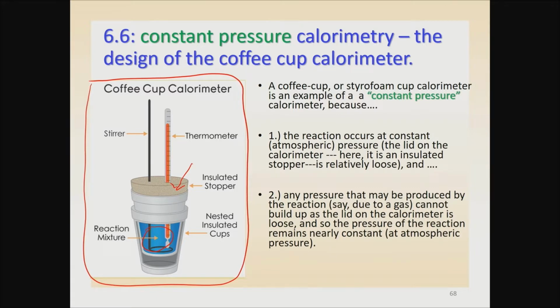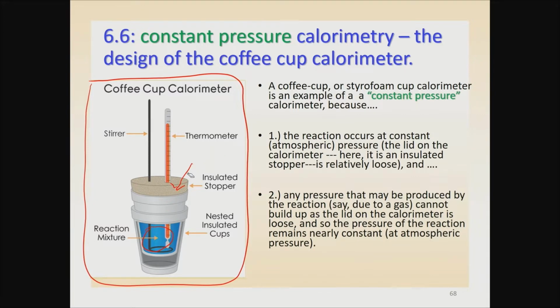Now, it is possible that your chemical reaction may create volume, and if so, then it may be generating a little bit of pressure. What will happen is that the pressure that is also maybe a little bit generated will leave pretty quickly from this coffee cup, and so we can sort of assume that through the chemical reaction, the pressure over the reaction remains constant.